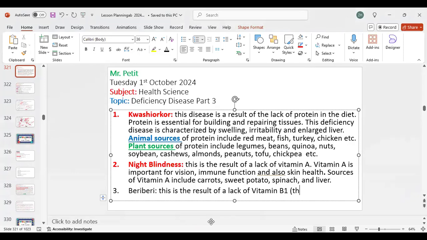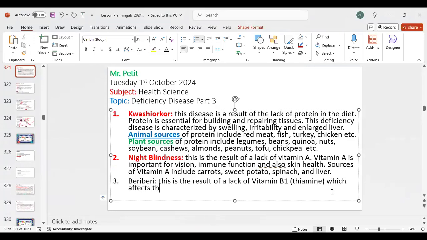This affects the nervous system as well as the cardiovascular system.